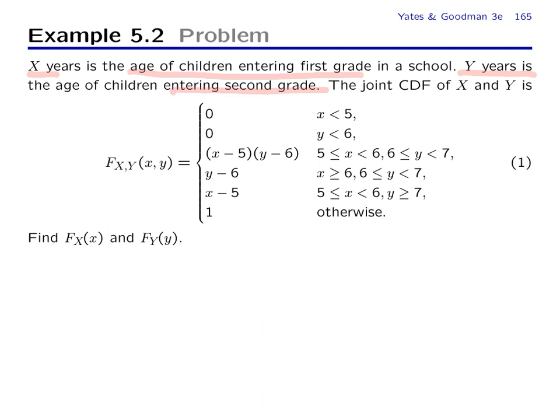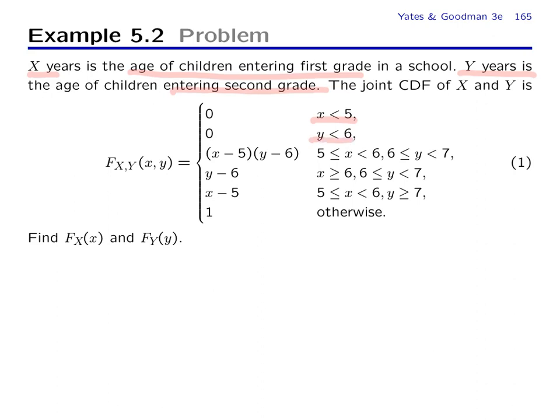For instance, if x is less than 5, then the joint CDF is 0. In fact, what that first case says is that the probability x is less than 5 is 0. And the second case says that the probability that a child entering second grade is less than 6 is also equal to 0.